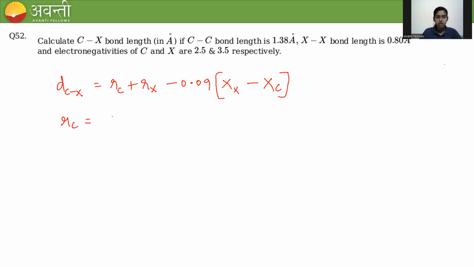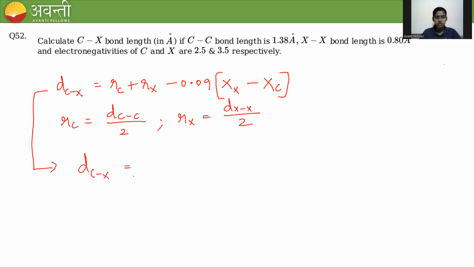So R of C is calculated using the internuclear distance of the carbon-carbon bond divided by 2, and R of X is equal to D of X-X divided by 2. Okay, if we substitute, the carbon-halogen bond length will be equal to 0.69 plus 0.4 minus 0.09 into 3.5 minus 2.5.